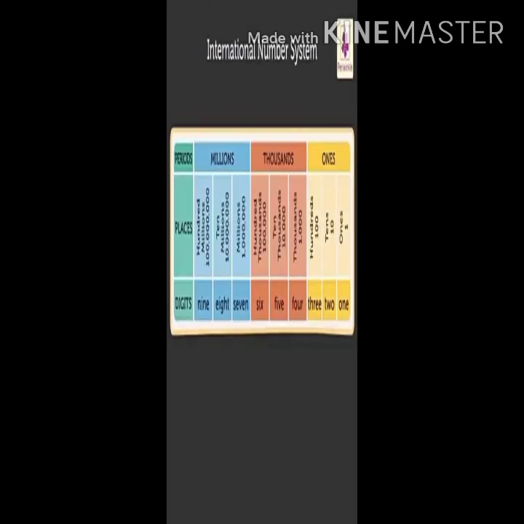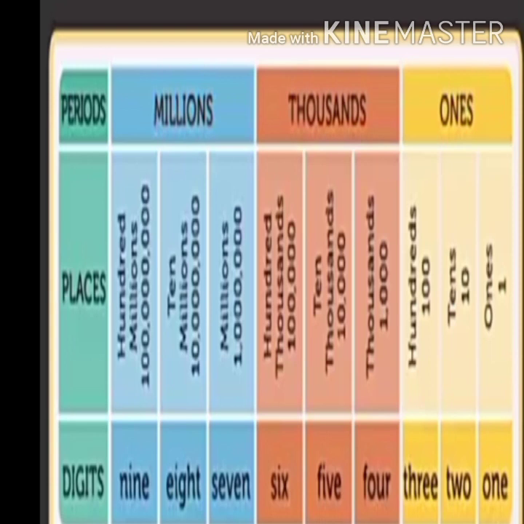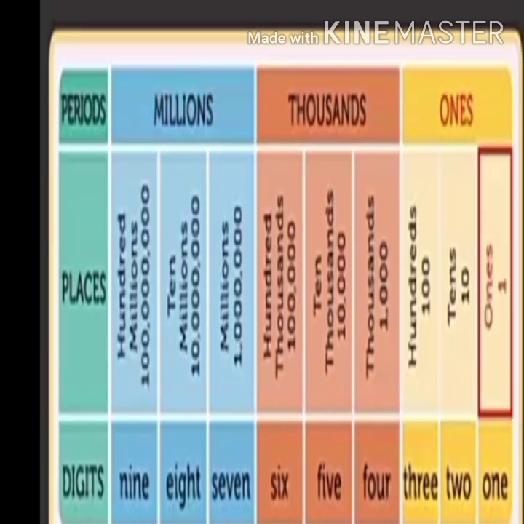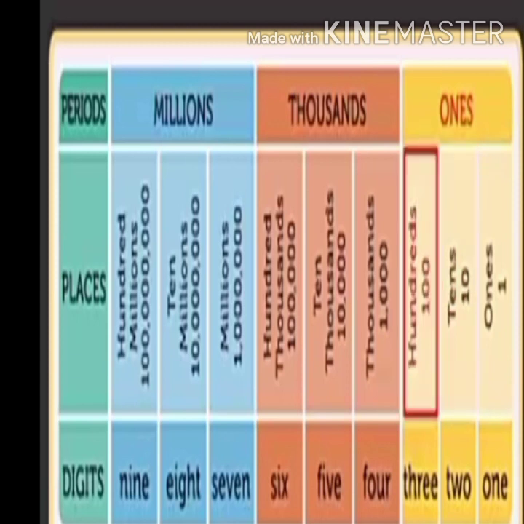International system: periods, places, and the digits. We know the 7-digit number has ones, thousands, and millions. The ones period consists of 3 places: ones, tens, hundreds.